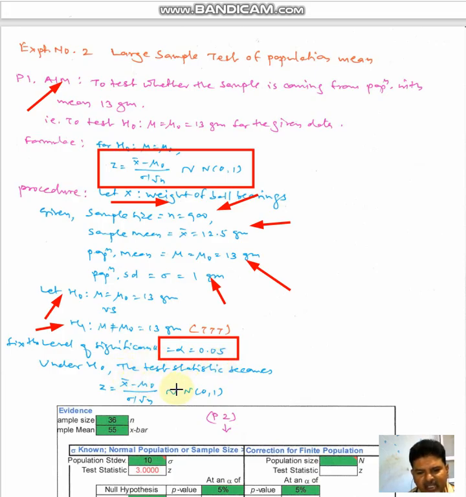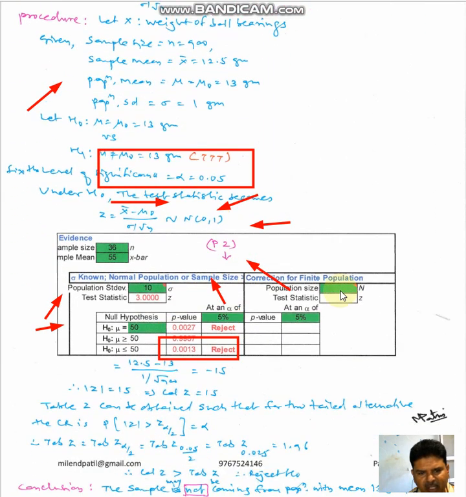What is the test statistic? Test statistic is nothing but my formula. The formula is Z is equal to x bar minus mu naught upon sigma upon root n follows normal 0, 1. So now we have to start solving by putting the values.